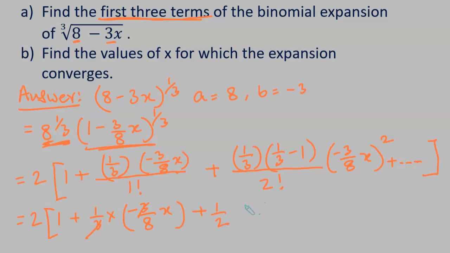It is half, and then it is 1/3, and 1/3 minus 1 is minus 2/3. And this is minus 3 whole square is 9, 8 square is 64, x square, okay?